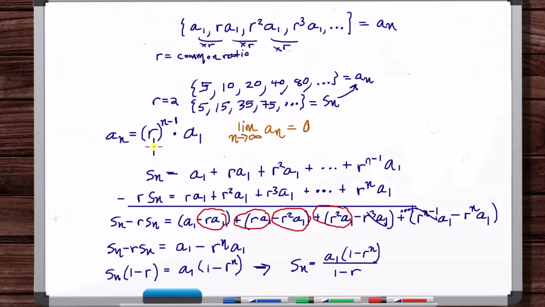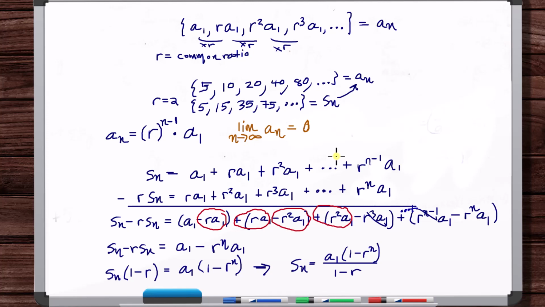Because if you keep multiplying a number whose absolute value is less than 1 by itself an infinite number of times, it gets tiny, right? So you're getting an infinitesimally small number times this finite number a1. That's approaching 0. Okay, so the limit of a geometric sequence converges to 0.